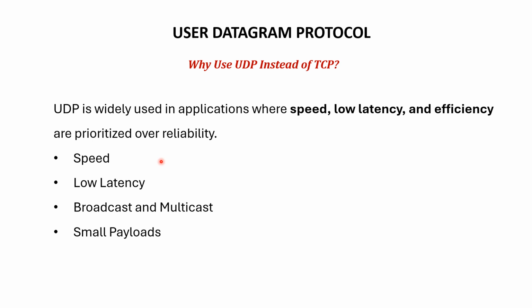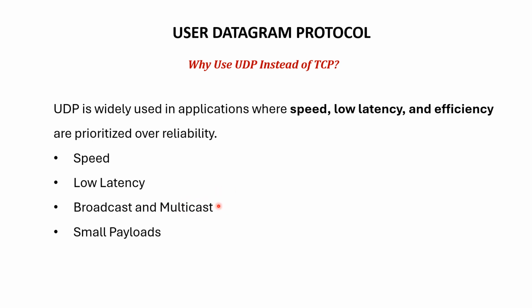It is much faster. There is no waiting for acknowledgement or retransmissions, making it ideal for time-sensitive applications like gaming, streaming, and real-time communication. Low latency: the minimal overhead in UDP helps reduce latency, which is crucial for live data transmission like voice over IP and online gaming.